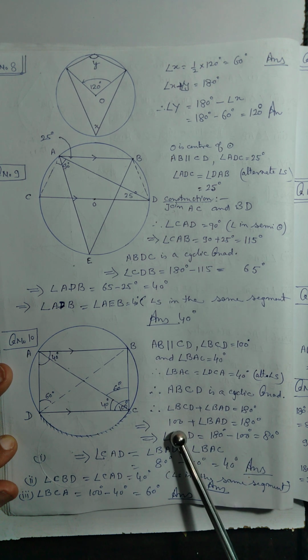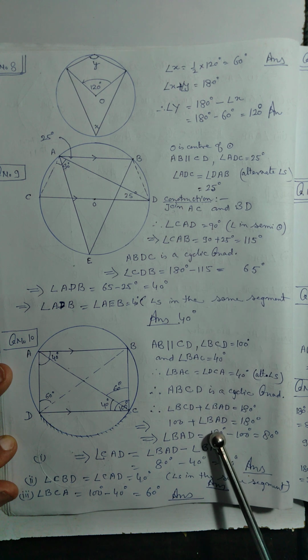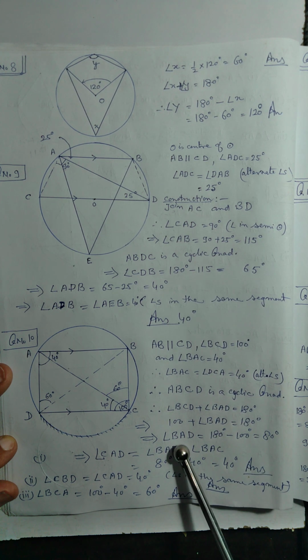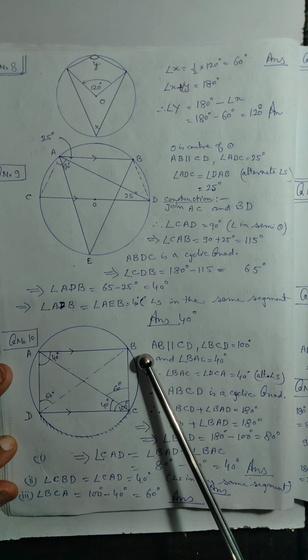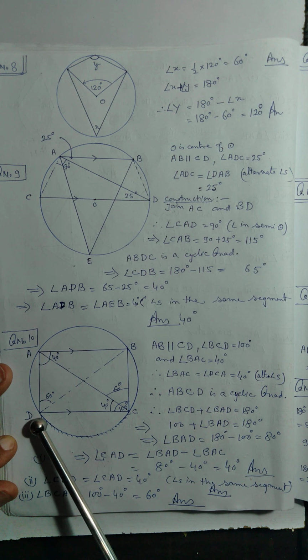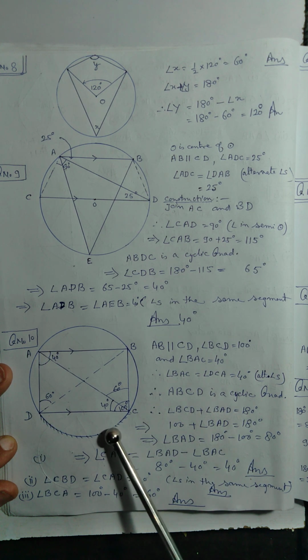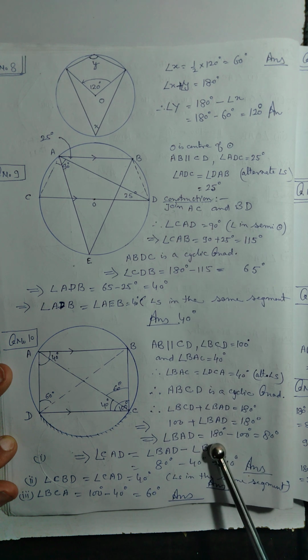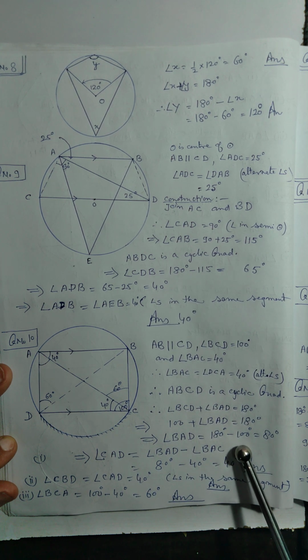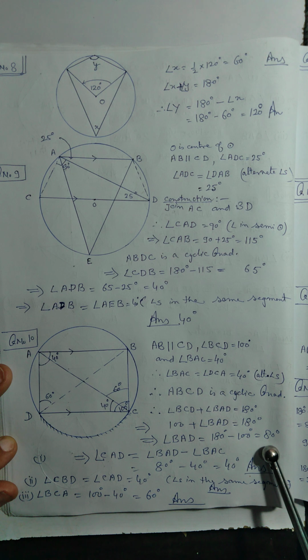So 100 plus BAD is equal to 180 degree. So BAD will be equal to 180 minus 100, that is equal to 80 degree.